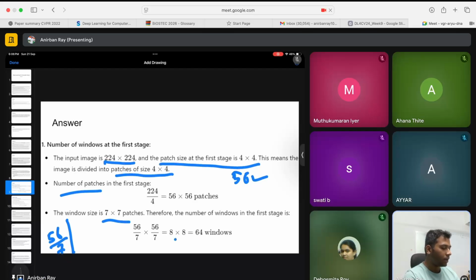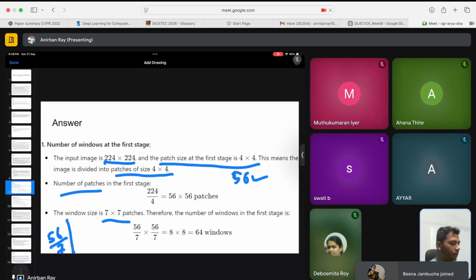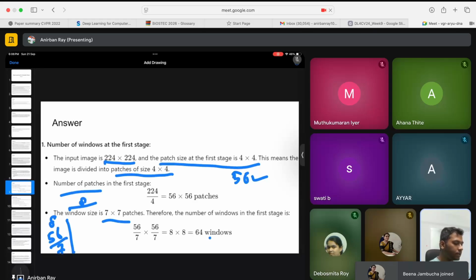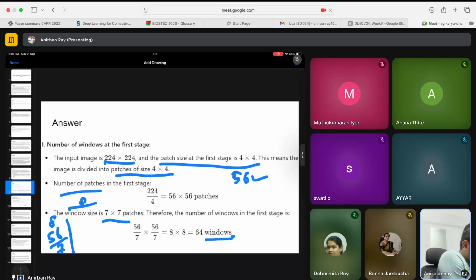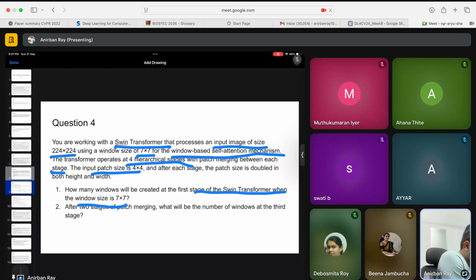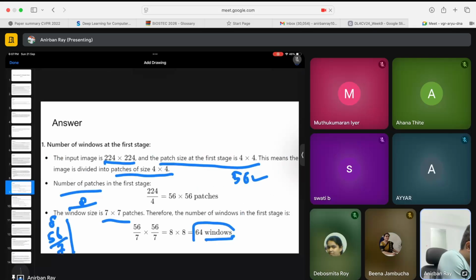So this is 8 along each row, so multiply. 8 along column, 8 along row, so there are total 64 windows. You can understand this one. So the number of windows in the first stage is this one. You can understand 64 windows are there.